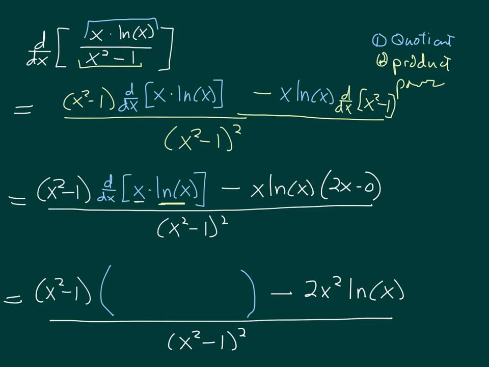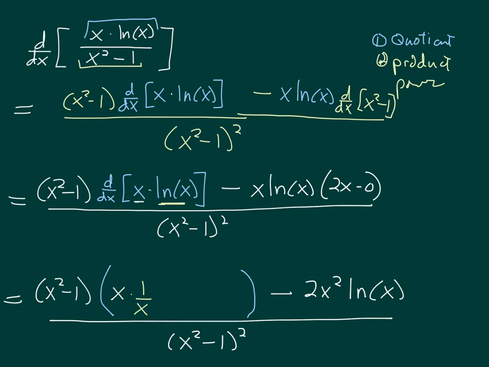So keep in mind, we take our first function times the derivative of the second. I'm not going to write this out explicitly since we're dealing with basic functions here. So we know the derivative of the natural log looks like 1 over x. This is in our list of memorized function derivatives.